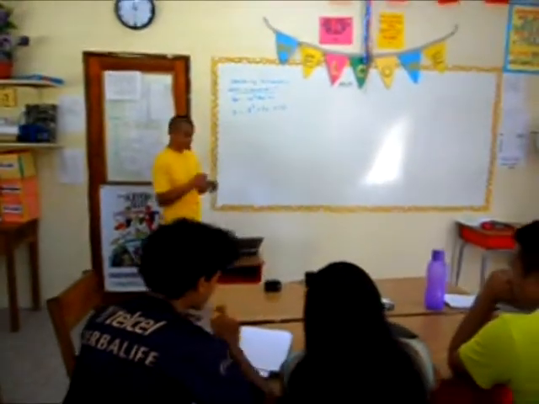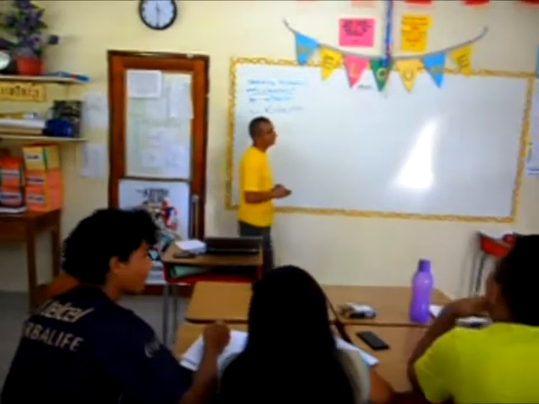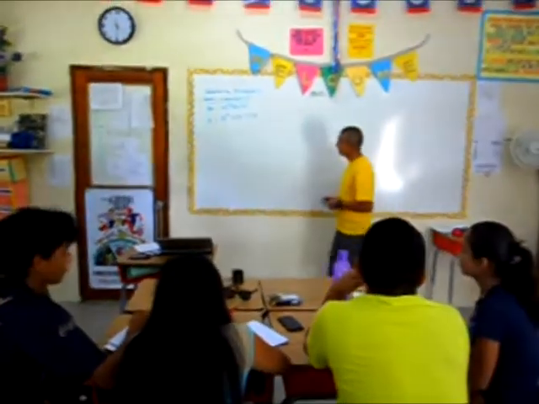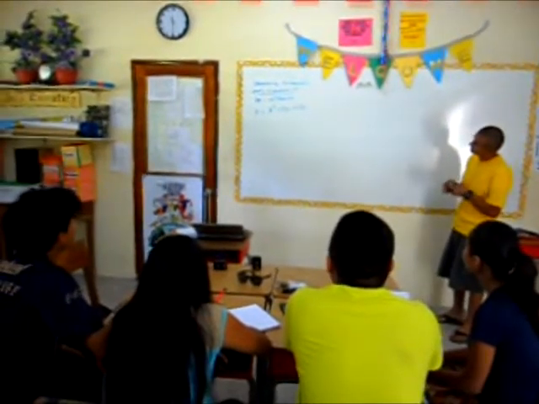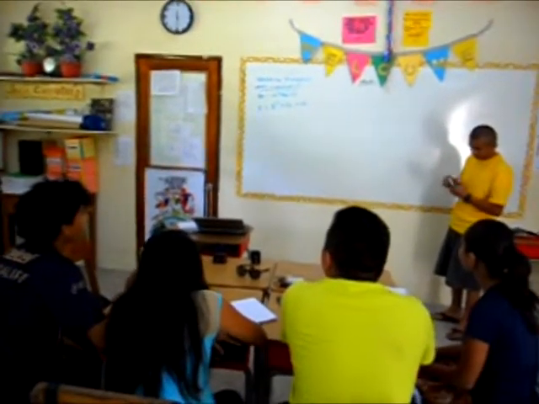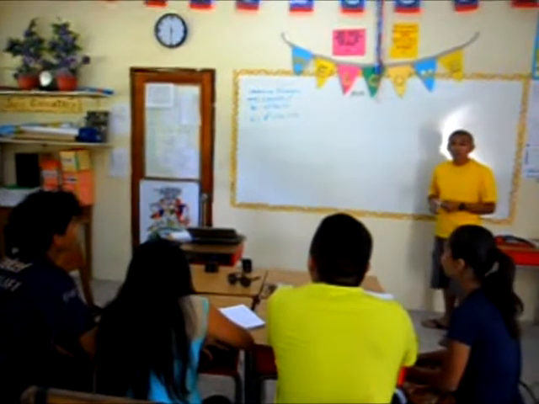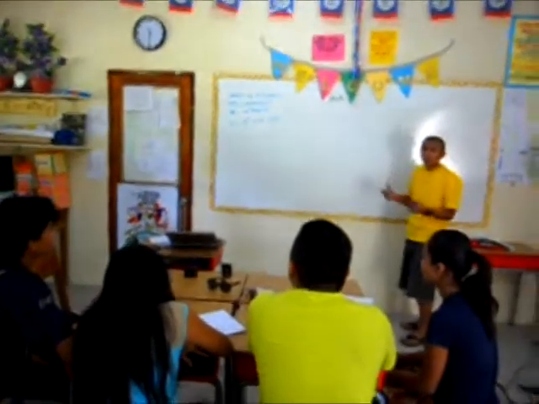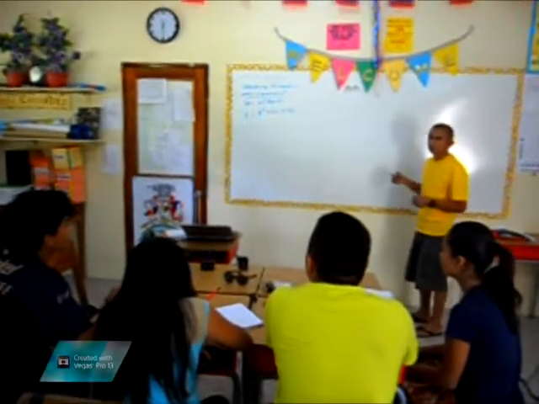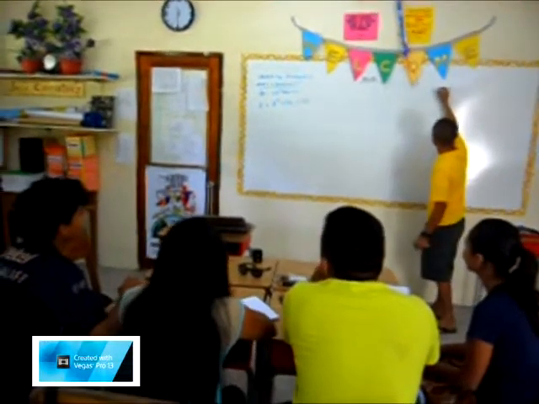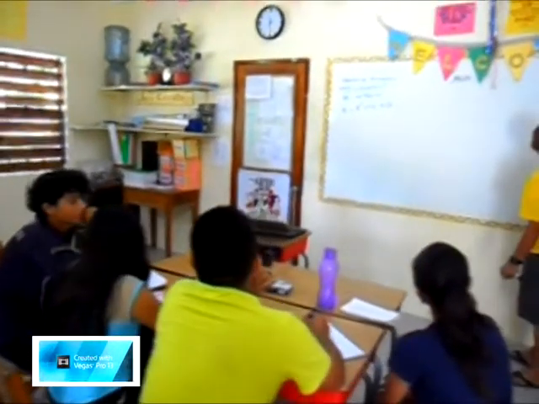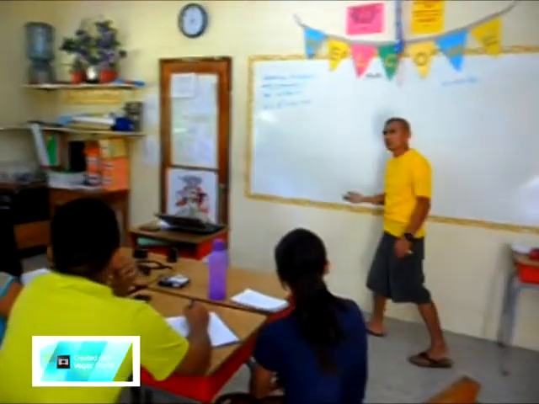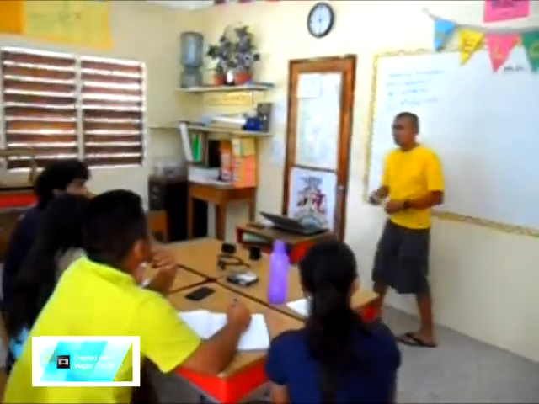If you recall from linear functions, what was needed to sketch a linear graph? For instance, we have y is equal to mx plus c, the general equation of a straight line, the general equation of a linear function.